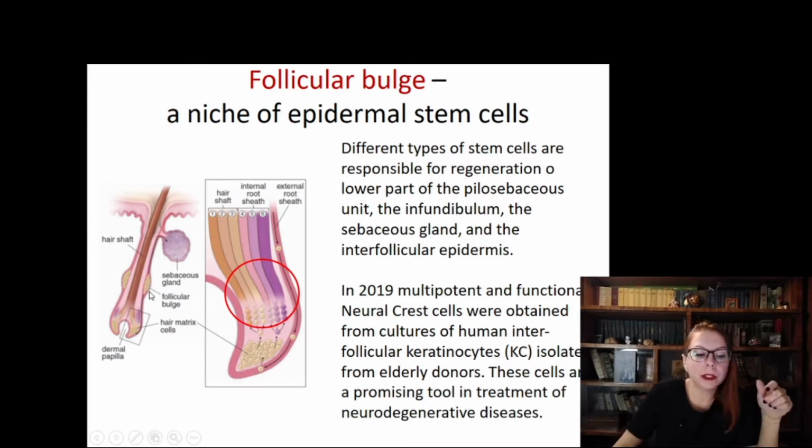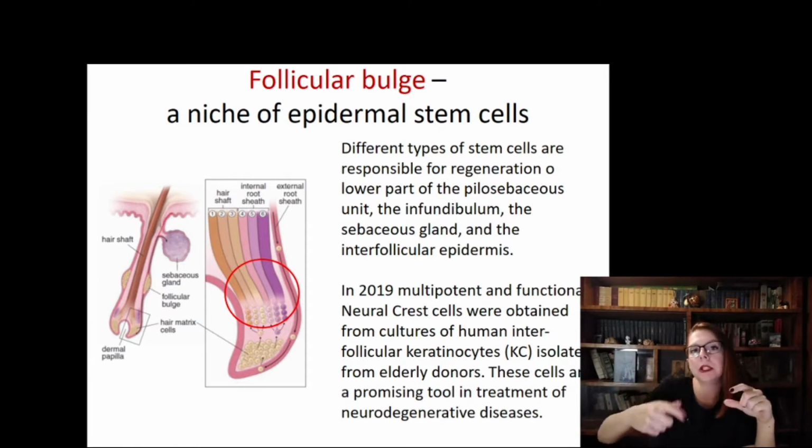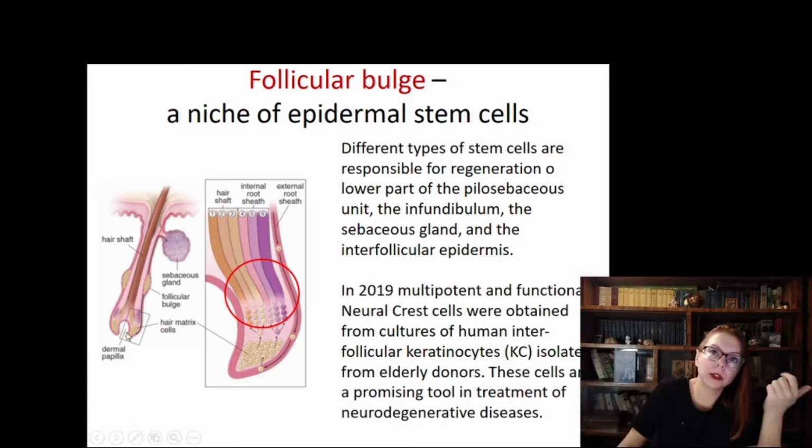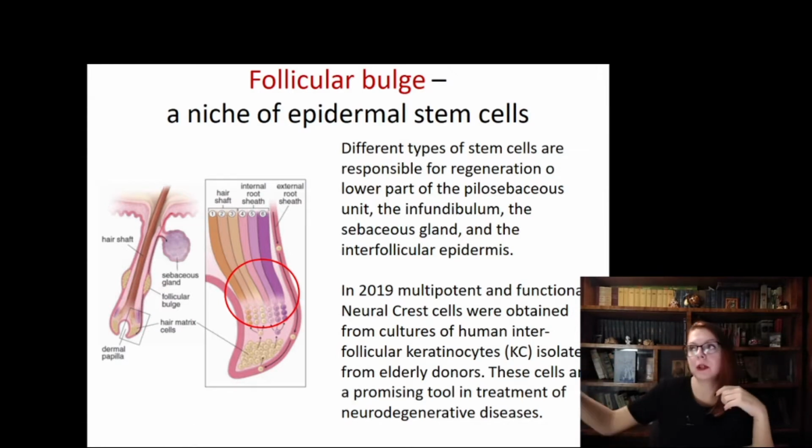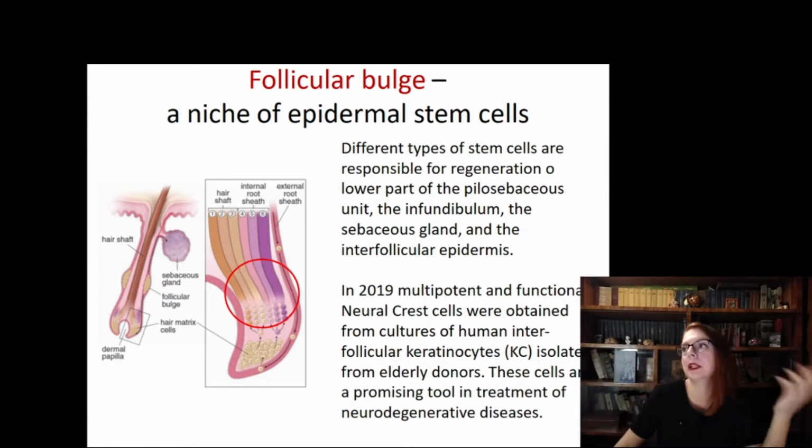So if we take those stem cells out of there, we can more easily obtain neurons out of them, because melanocyte precursors derive from the neural crest, so they can be more easily transformed into neurons than other types of stem cells in our skin or adipose tissue or taken from any other sources.